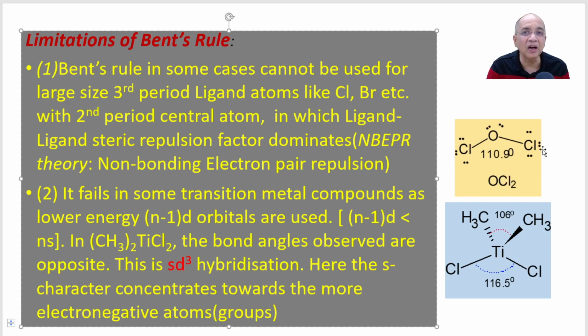That NBP-EPR will come, that will completely destroy Bent's rule, and the bond angle becomes more than tetrahedral. Even if the steric number is 4 and there are two lone pairs, VSEPR will say the bond angle should be less than tetrahedral, but actually it is more than tetrahedral because of NBP-EPR.